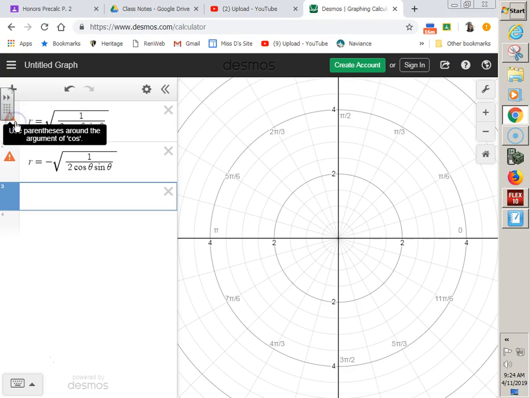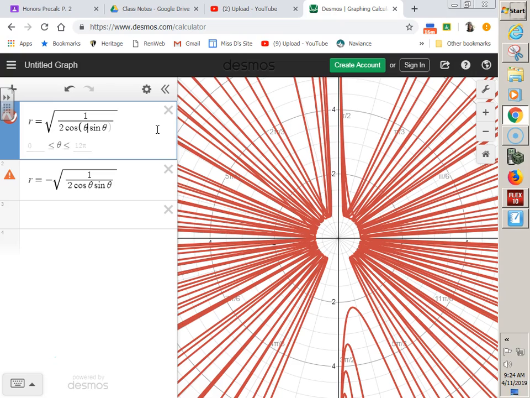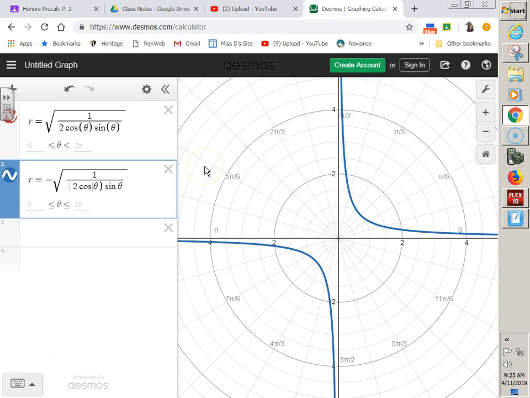Use parentheses. They don't like this. It's something to do with, they wanted some thetas in there. Let's get this guy in too. Okay.